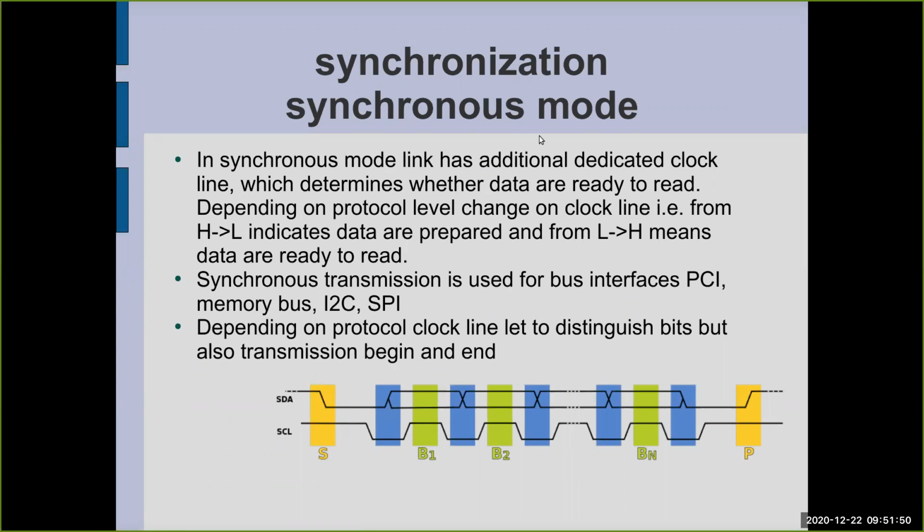So what is the synchronous mode? We have two lines. When we want to send data, we have to connect transmitter and receiver using two lines. On the first line, which is called the data line, a standard data stream is presented.